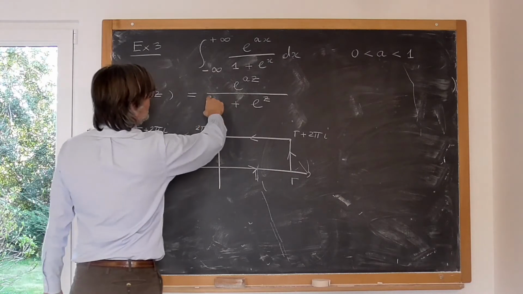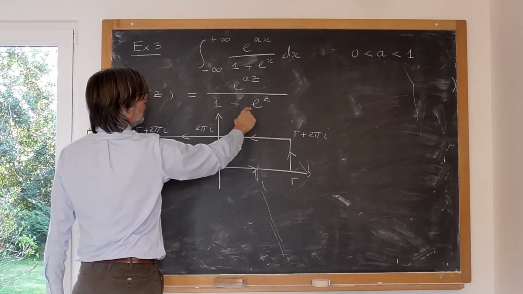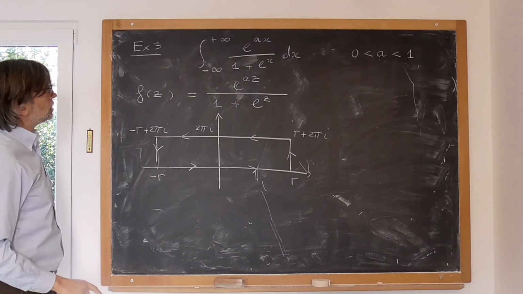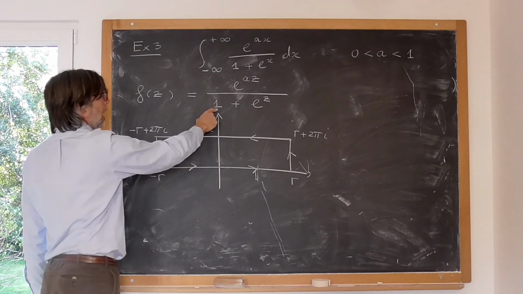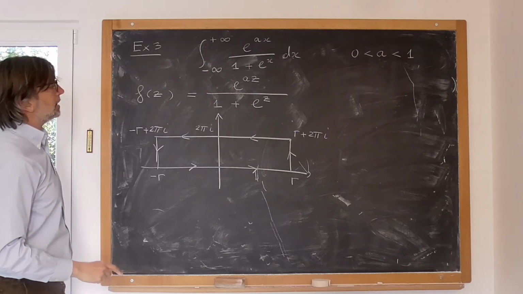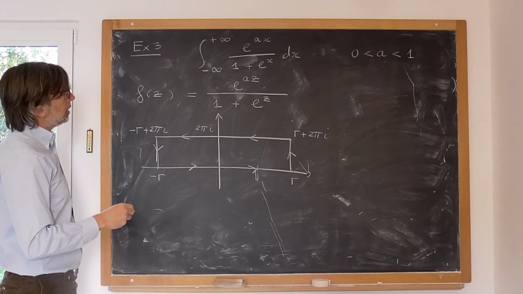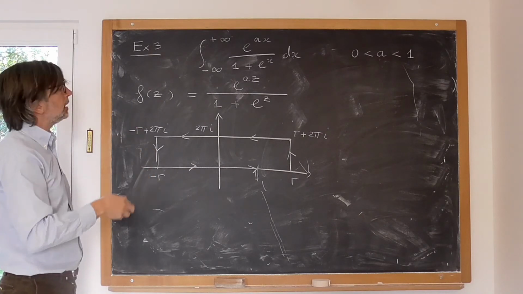So, this function has poles when the denominator vanishes, and here the denominator vanishes when e to the z is 1. In other words, when z is pi plus multiples of 2pi.